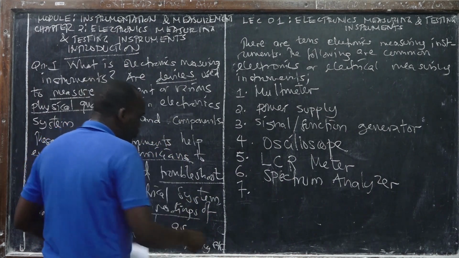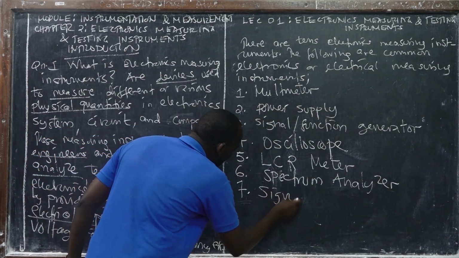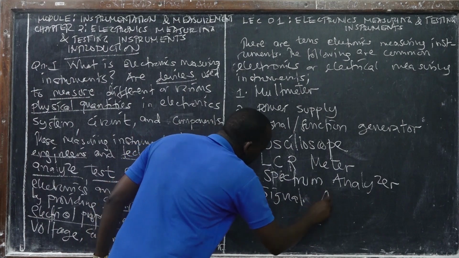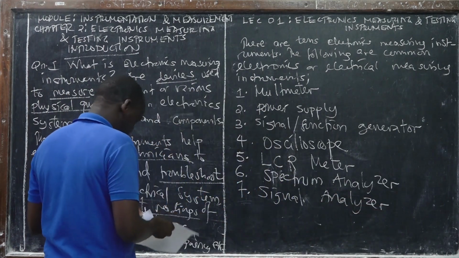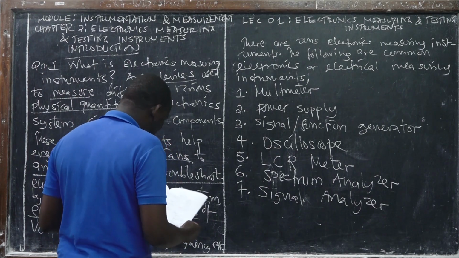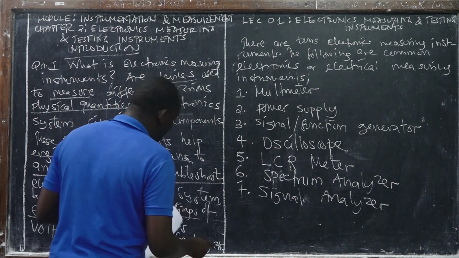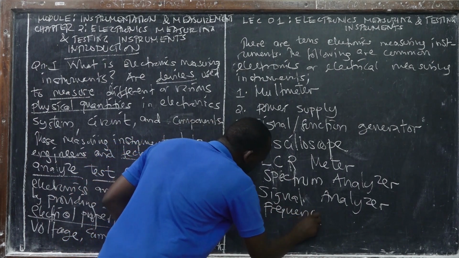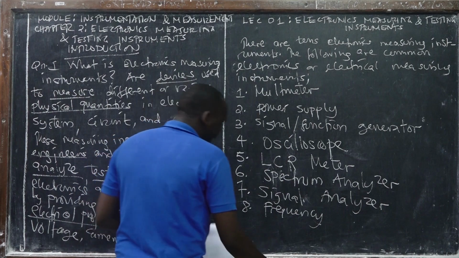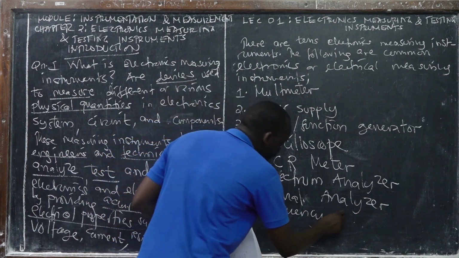Then another one is called the signal analyzer. Say signal analyzer. Then another electronics and electrical measuring instrument, number 8, is called the frequency counter. This one is analyzing the signal, and number 8 is the frequency counter.